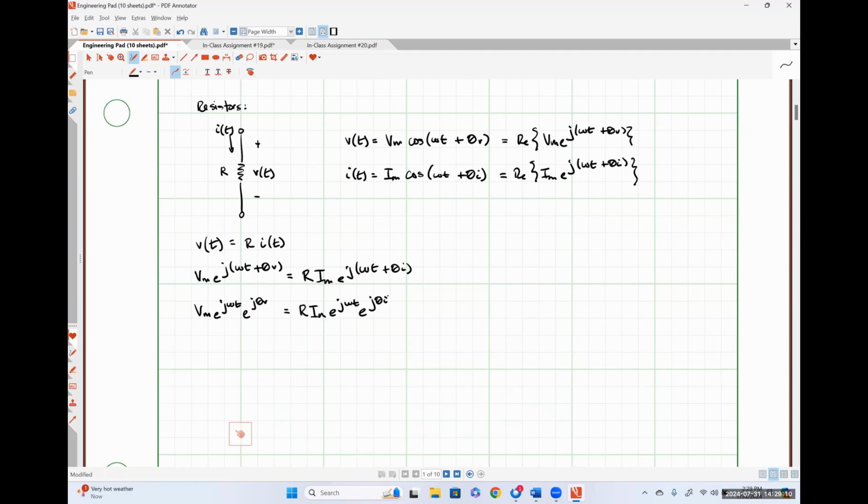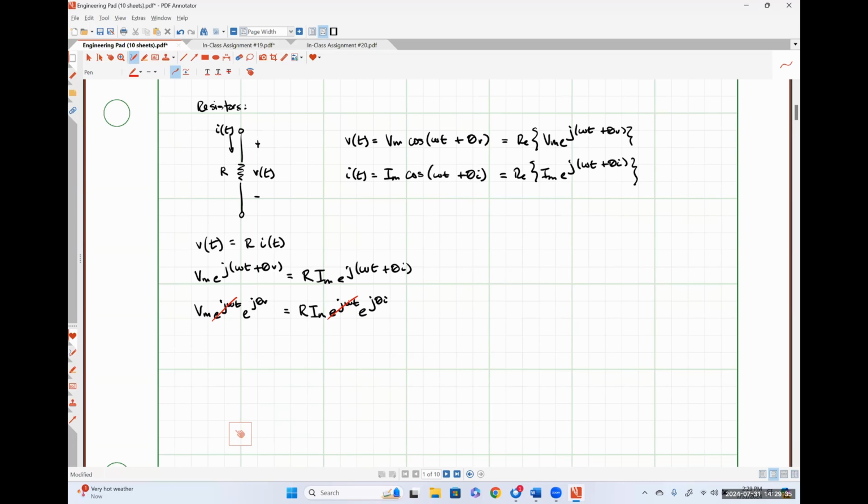Well, we can see right now that there is a common factor of e to the j omega t that cancels out on both sides. So this is actually what lets us throw the omega t part of our signal away when we're working in the frequency domain with phasors.